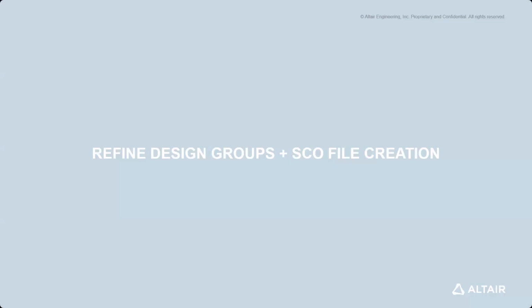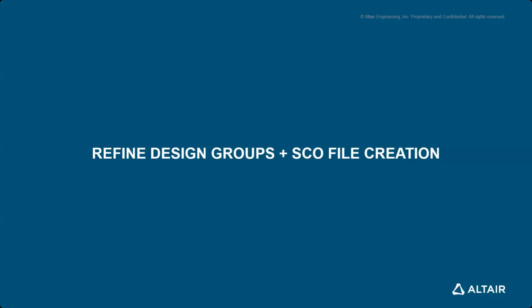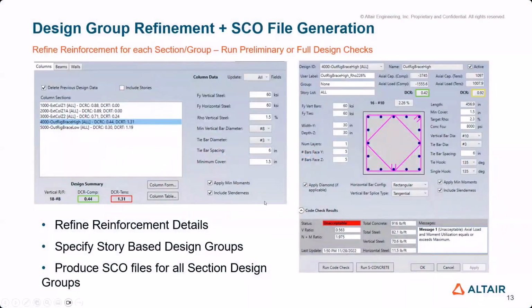Now, this is what I wanted to do before, just talk to you a little bit about the design and the refinement for each one of the design groups, right? So this is what we were seeing a little earlier. In these two different dialogues, we can refine the reinforcement, and we can change directly for each one of the design groups.